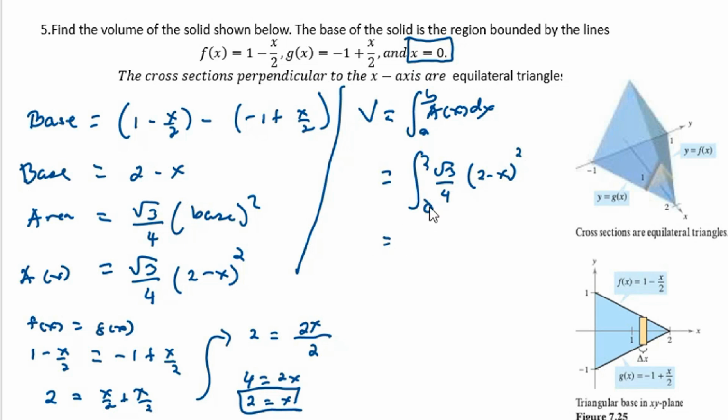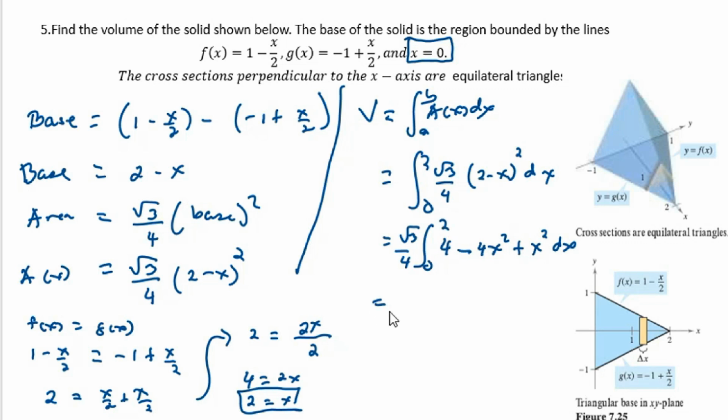Simplifying that, I will just write the constant multiplier. We have square root of 3 over 4 times the integral of, expanding the square binomial, 4 minus 4x plus x squared dx, from 0 to 2.